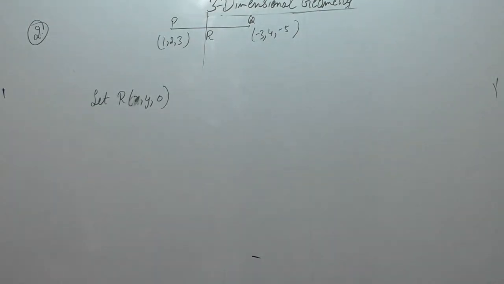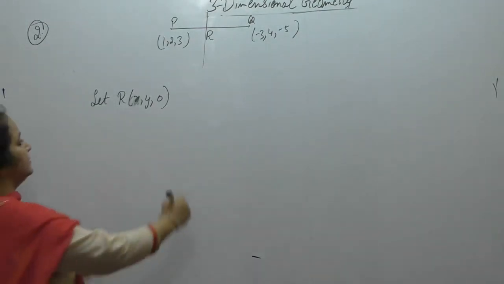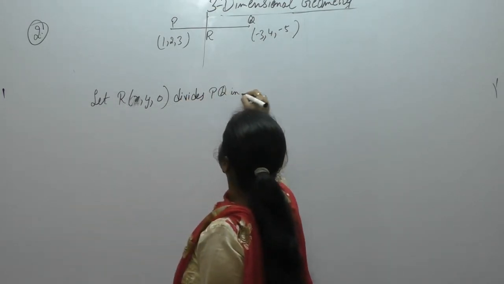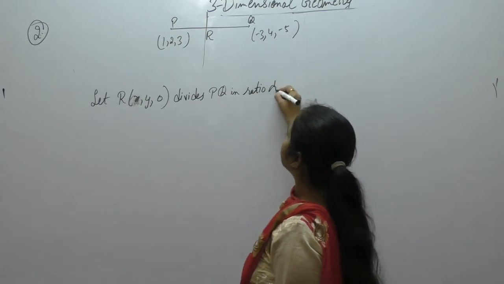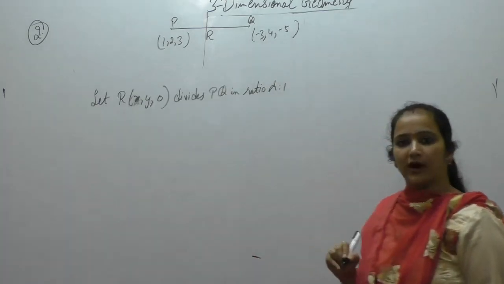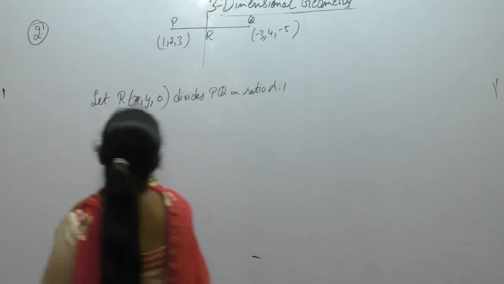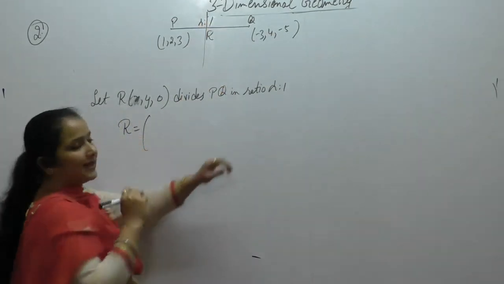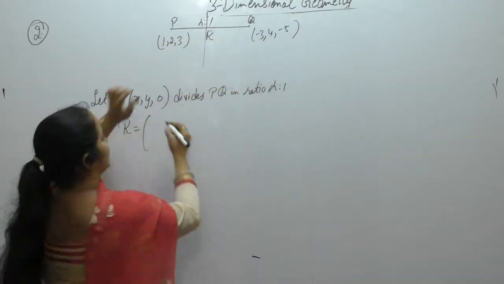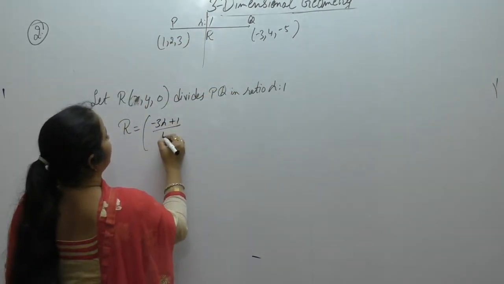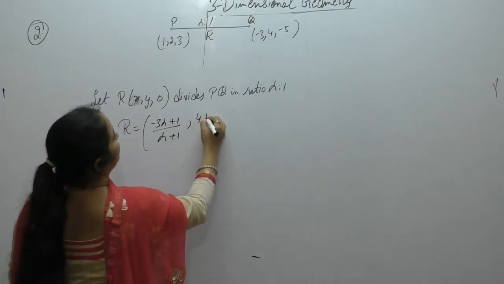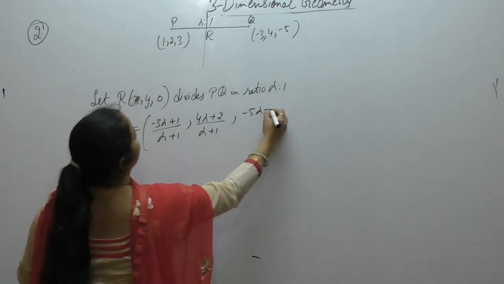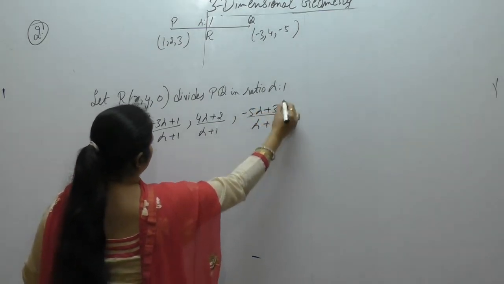Let R divide PQ in the ratio, हमने अपनी तरफ से मान लिया कि ये रेशियो लैम्डा रेशियो 1 में डिवाइड कर रहा है. अगर ये इस रेशियो में डिवाइड कर रहा है लैम्डा रेशियो 1, then (minus 3 lambda plus 1 into 1) upon (lambda plus 1), (4 lambda plus 2) upon (lambda plus 1), (minus 5 lambda plus 3) upon (lambda plus 1).